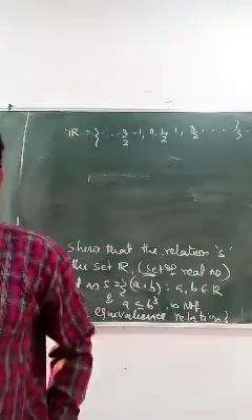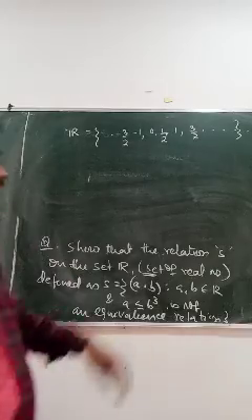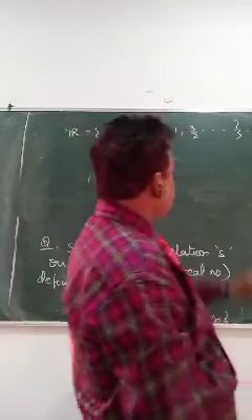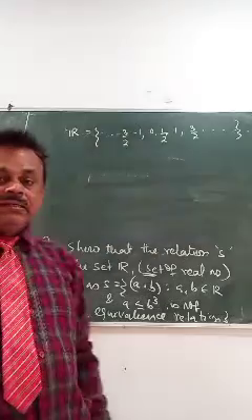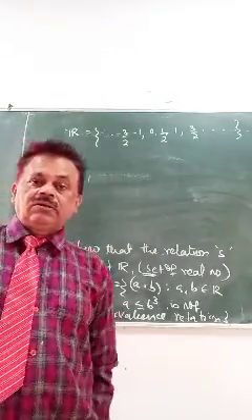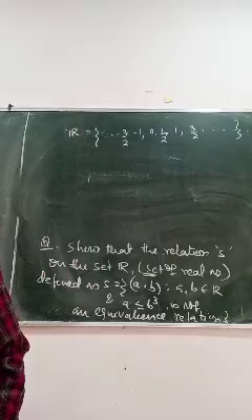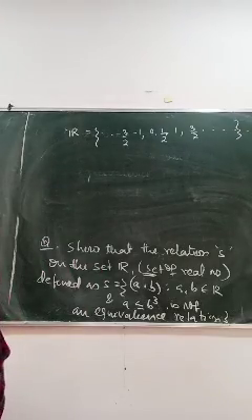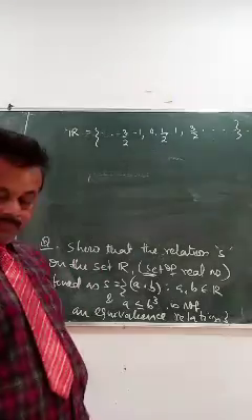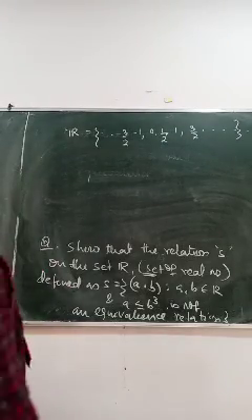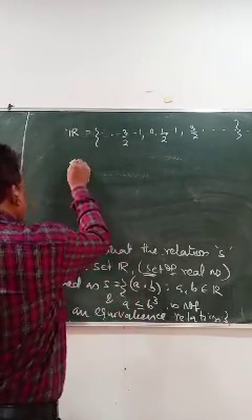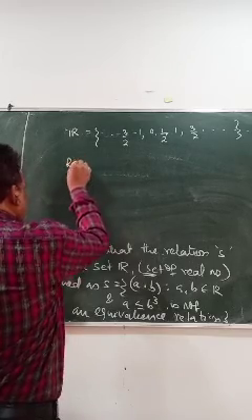Okay, then you take some elements which is neither reflexive, nor symmetric, nor transitive. Okay, how to show that? If I take an ordered pair, first reflexive.